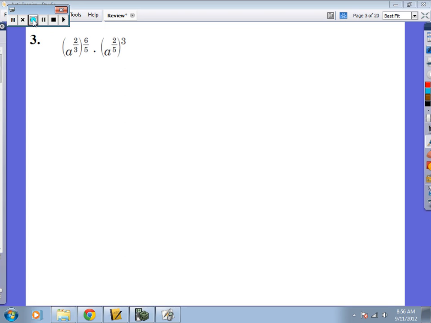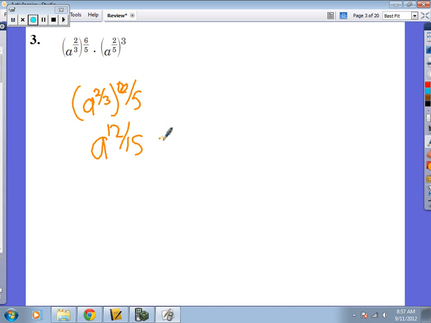Okay, so we take the a to the third and times it by 6 to the 5th, and then you get a 12 to the 15th, and then you times that by a 6 to the 5th, and then you simplify that into 4 to the 5th, so you divide it by 3, 4 to the 5th, and then times that by 6/5.